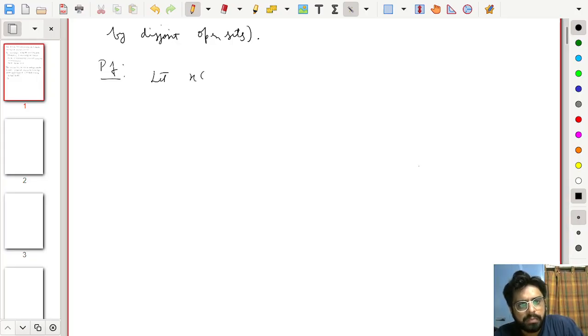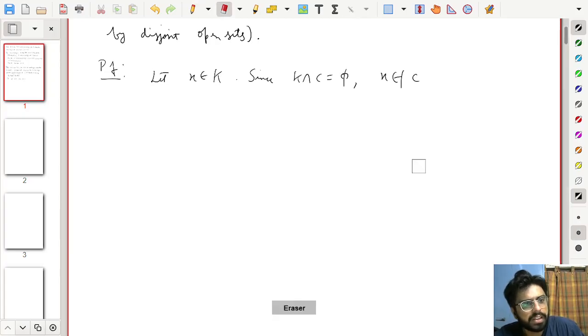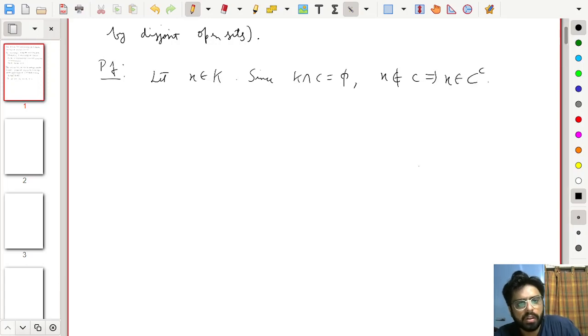Let x belong to K. Since K intersected with C is empty, this x doesn't belong to C. This implies x belongs to C complement.